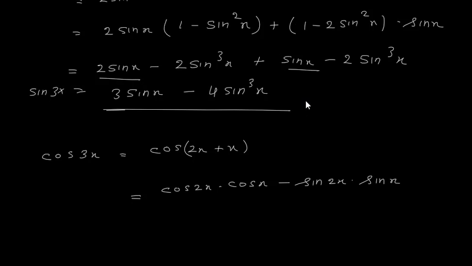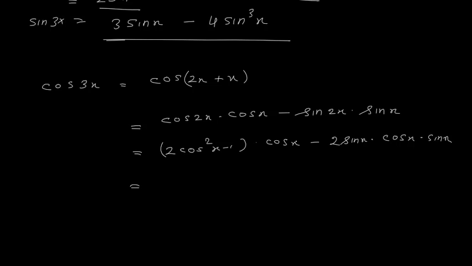Now this cos 3x I want to express in terms of cos only. So this cos 2x I will write as 2 cos square x minus 1 into, here I have cos x, minus this sin 2x can be written as 2 sin x into cos x into I have sin x.